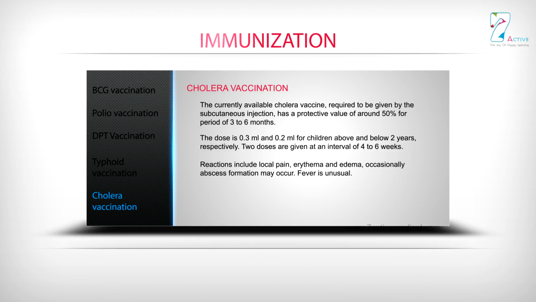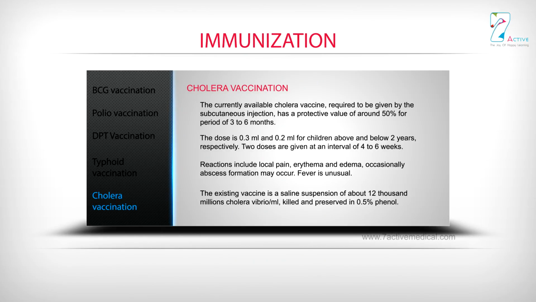Reactions include local pain, erythema and edema. Occasionally, abscess formation may occur. Fever is unusual. The existing vaccine is a saline suspension of about 12,000 million cholera vibrios per milliliter, killed and preserved in 0.5% phenol.